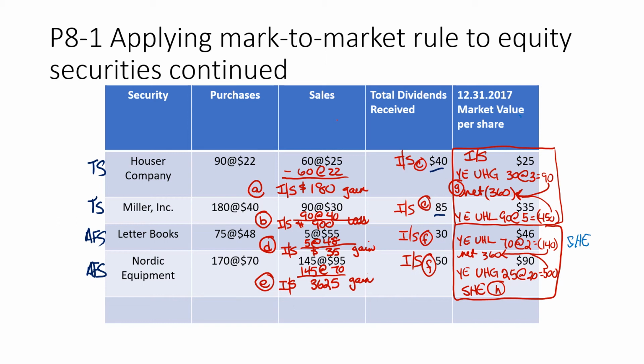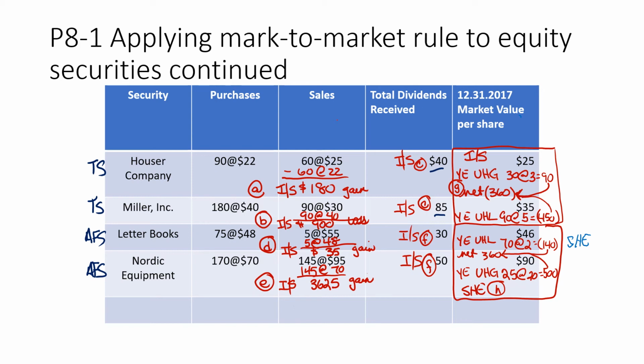So we had a gain on the sale of Nordic Equipment of $3,625, or 145 shares times $25. The dividend income, which shows up on the income statement for Nordic Equipment, is $50.